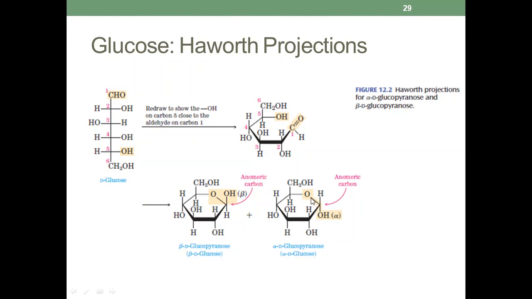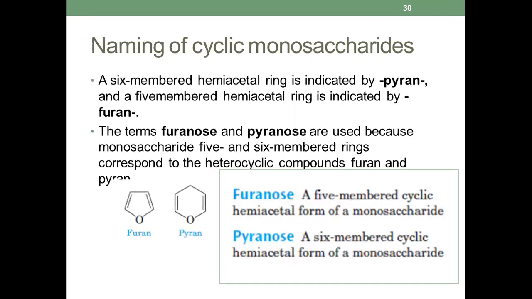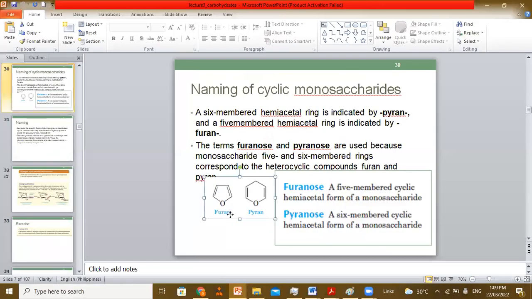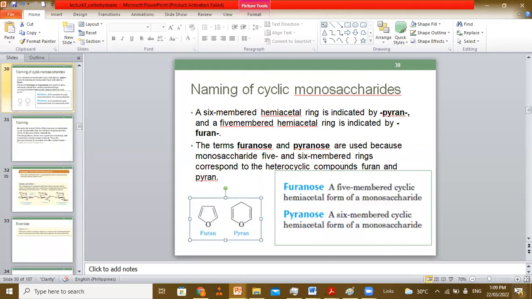When you say hemiacetal, you have an OR, an O with a carbon, and an OH on this carbon, and this carbon has a hydrogen. Call this a hemiacetal, but in cyclic form. A 6-membered hemiacetal ring is indicated as pyran, and a 5-membered hemiacetal ring is indicated as furan, from the original organic structure.